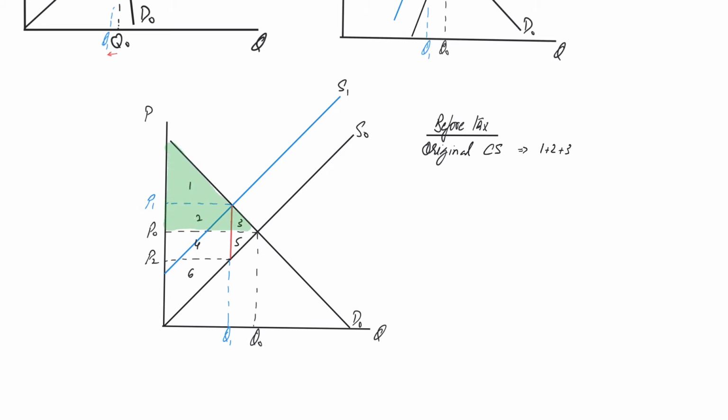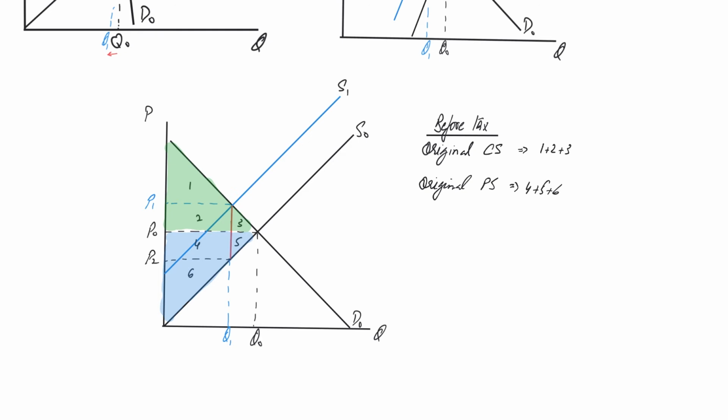This was my original before tax was imposed, right? And the original producer surplus was 4 plus 5 plus 6, and the society had a reasonable amount of consumer and producer surplus. Ignoring the elasticity, it seems equal in this case.